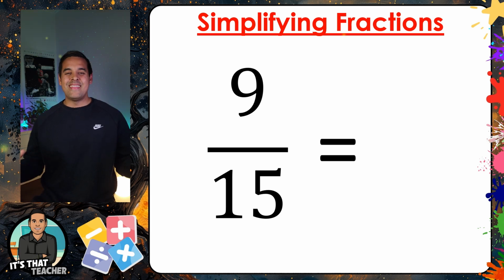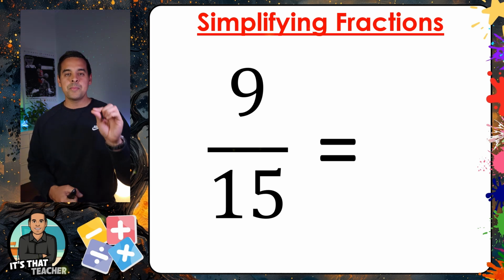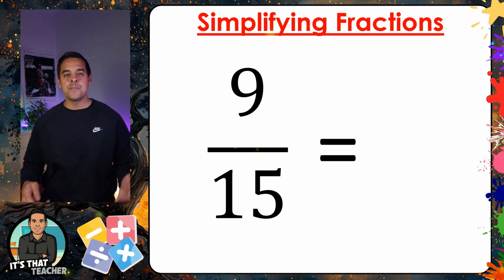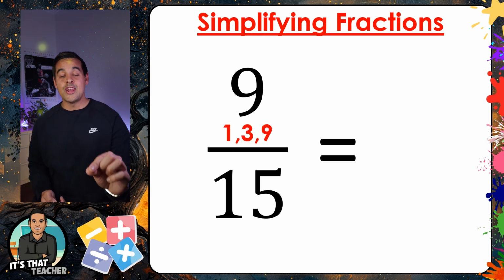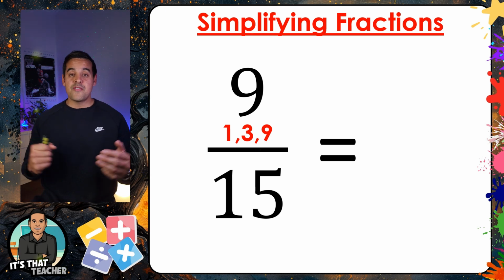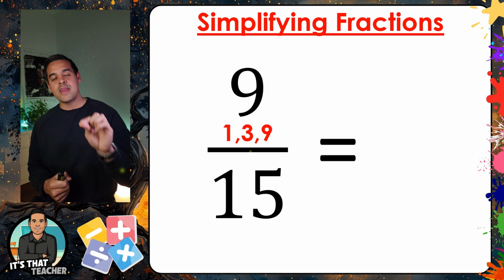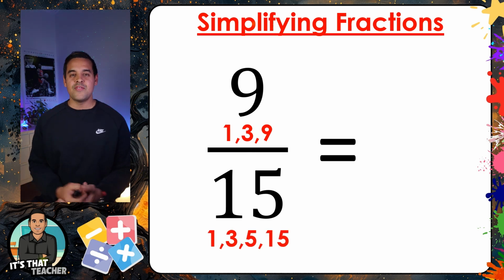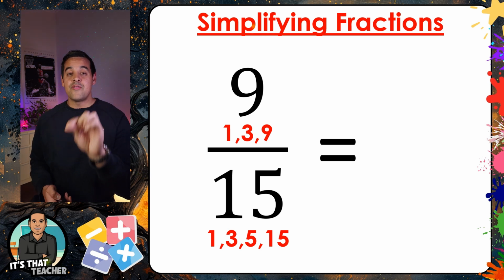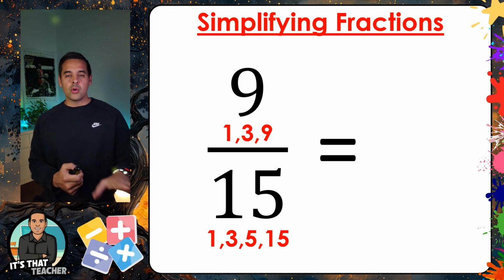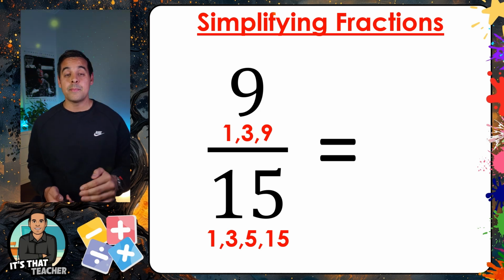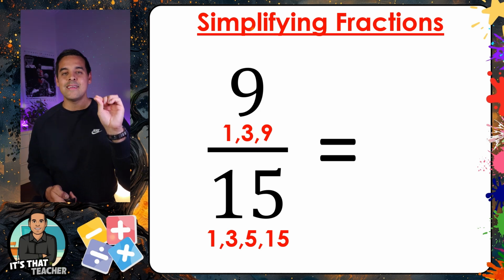Moving on. This is how you simplify larger fractions. The first thing you need to do is identify the factors of the number 9. Our fraction here is 9 over 15. The factors of 9 are 1, 3, and 9. And the factors of 15 are 1, 3, 5, and 15. If you look at that, the only common numbers between both of our numbers are 1 and 3.